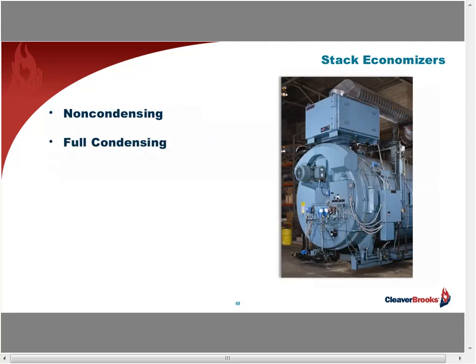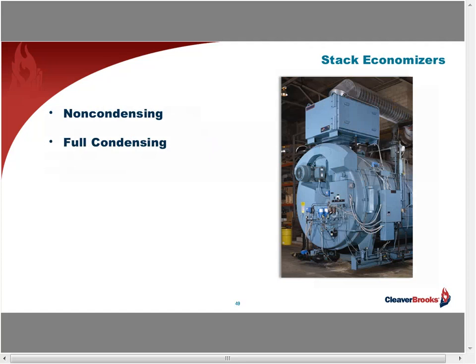And staying with the thought of stack losses, here's another large energy saver possibility if the conditions are right: the boiler feed water stack economizer. Now, if your boiler is over 100 horsepower and you're operating at 100 pounds or higher, this should be a serious consideration.